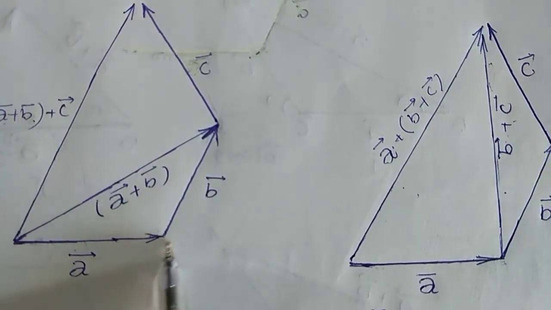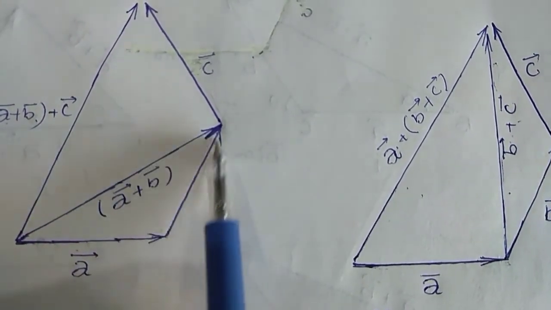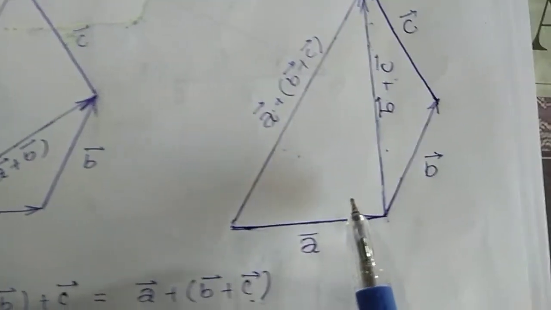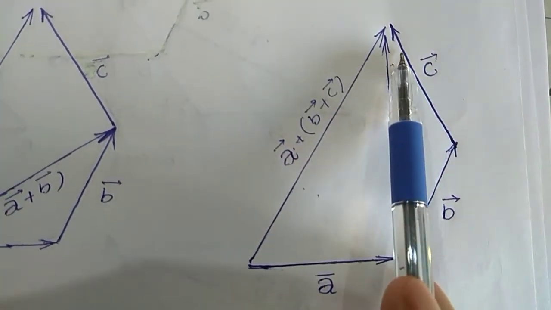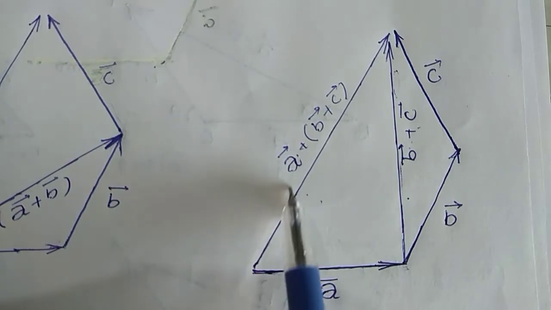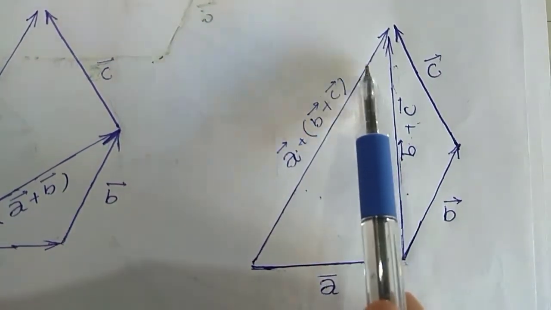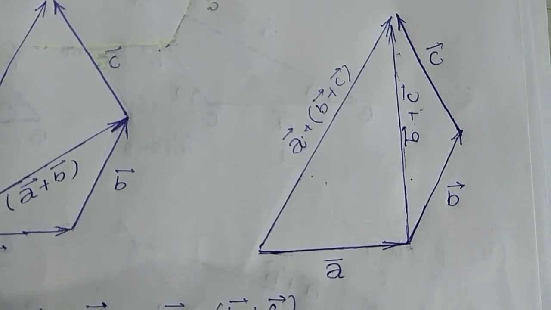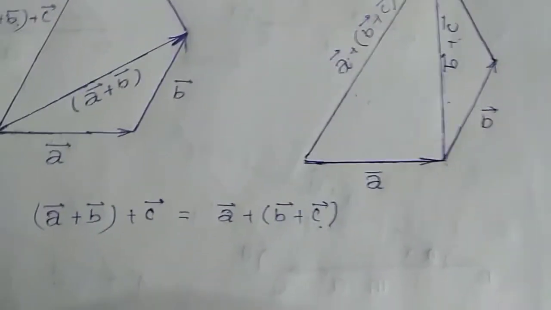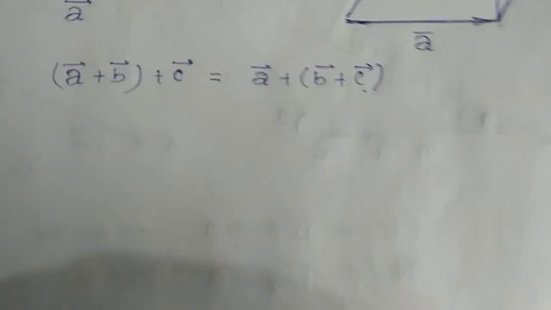Here we observe A, B, C are taken in order. Here also A, B, C are taken in order. So this will be the resultant, in reverse order to the rest of the vectors A, B and C. This is also known as the polygon law of vector addition.